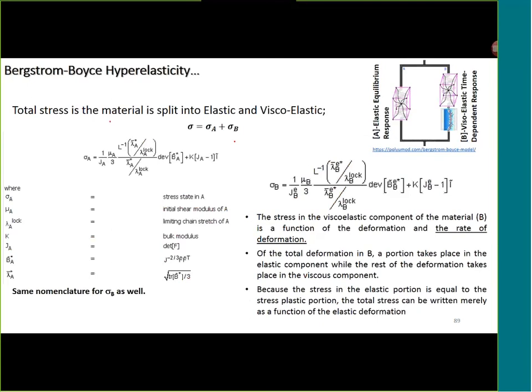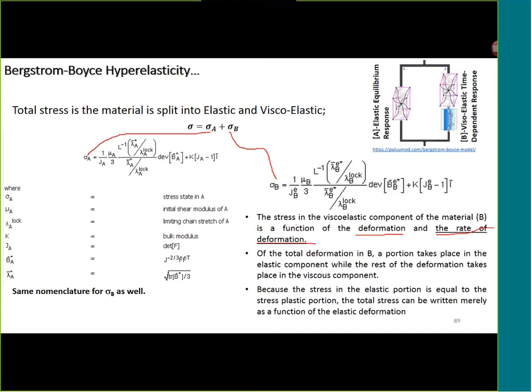So the total stress in the material is considered as part elastic response and part viscous response. This also has the strain rate dependency. Here what we are saying is that the stress is not only a function of deformation, but it is also a function of rate of deformation.